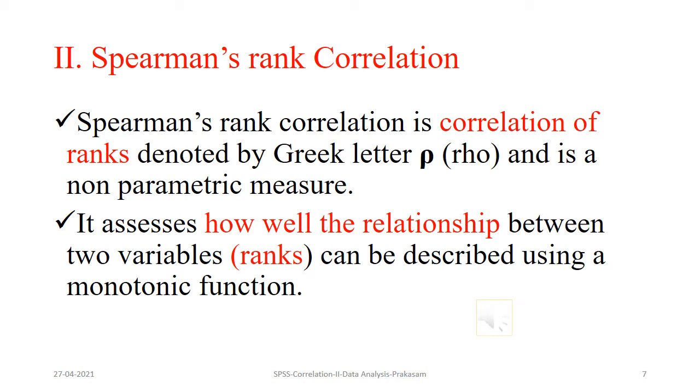Spearman's rank correlation is a correlation of ranks denoted by the letter rho, and is a non-parametric measurement because all the quantitative variables have been transformed into ranks. It assesses how well the relation between two ranked variables can be described by using a monotonic function.